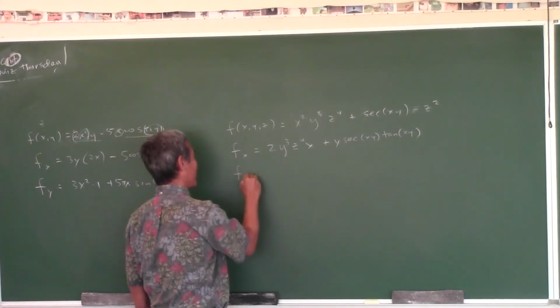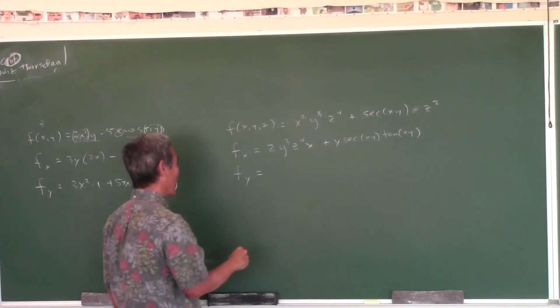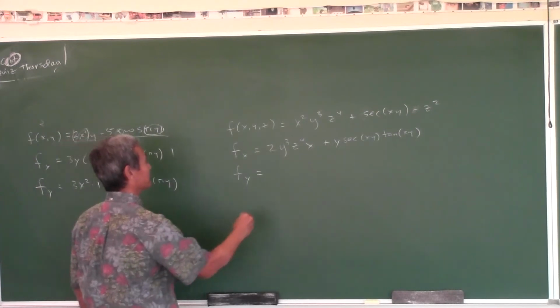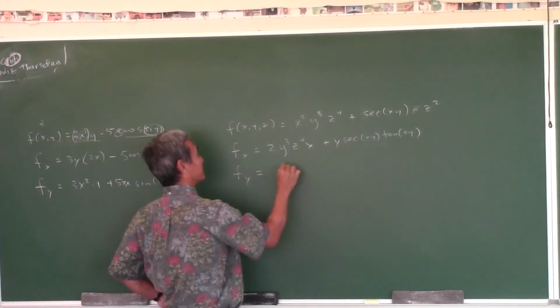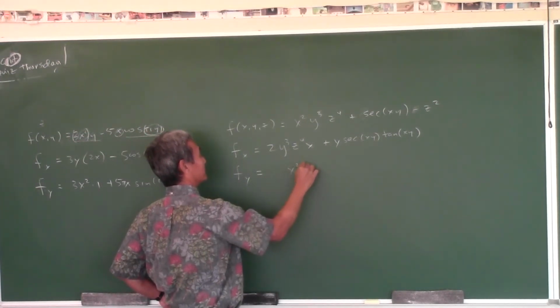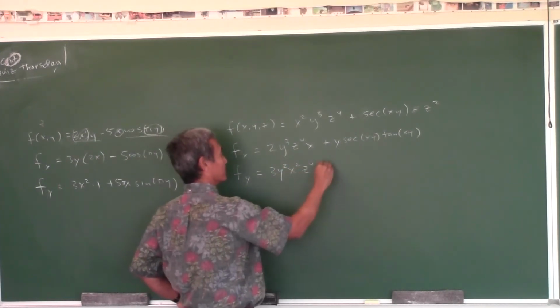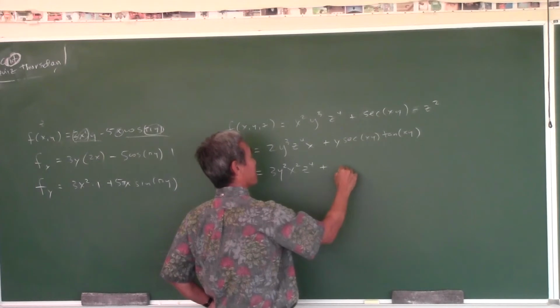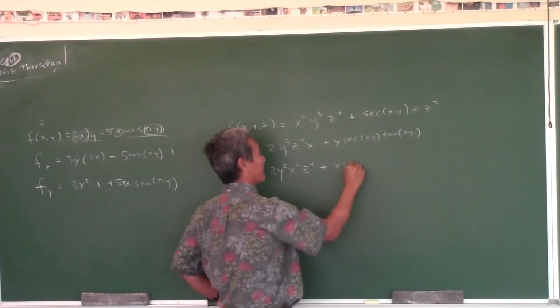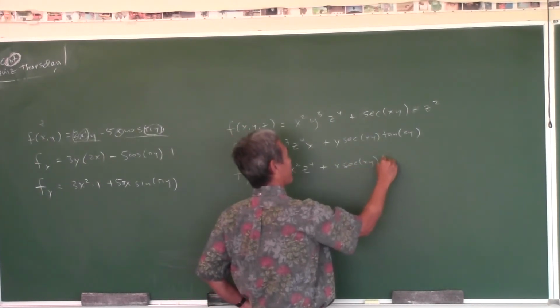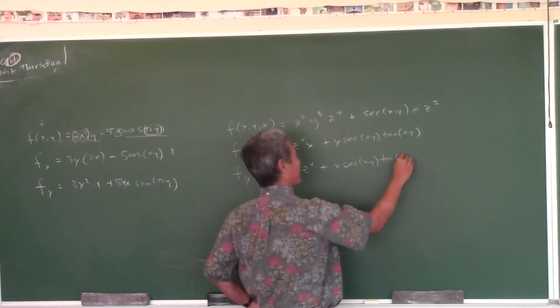What is the partial of f with respect to y? x squared, z to the 4th, 3y squared, plus x secant xy tangent xy. Mm-hmm.